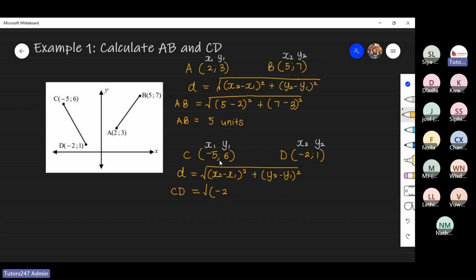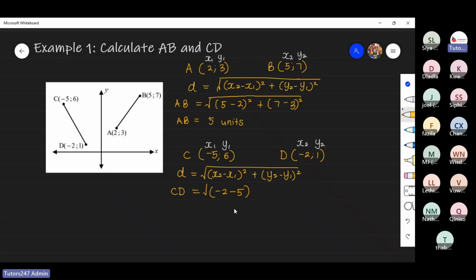My x1 value, that is -5. So don't just write minus 5. That is incorrect. You have to bring down the negative from the formula and then substitute the negative 5 from the coordinate of C. So be careful with that.